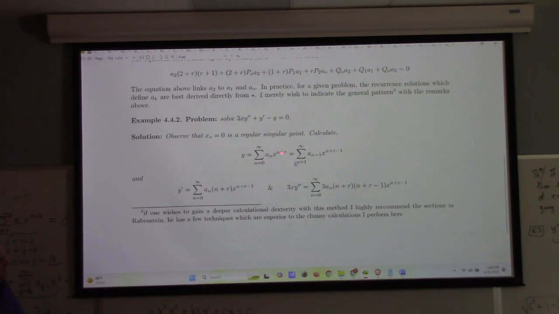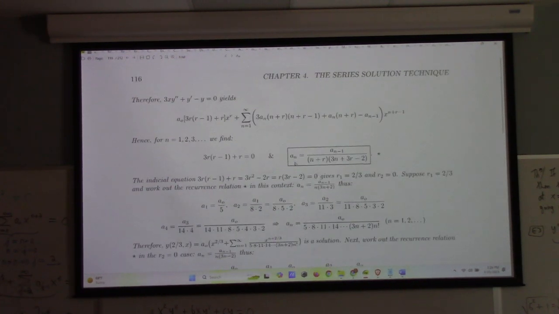Well, check it out. n plus r times x to the n plus r minus 1, just power rule term by term, just what we did before. y prime prime, same thing, but now we multiply by n plus r minus 1, like that. And so there's my 3x y prime prime. Then all you do is take those, put them back in the differential equation, and this happens.